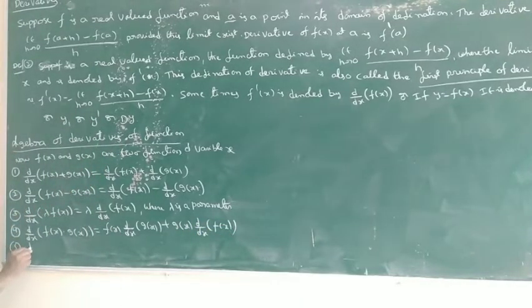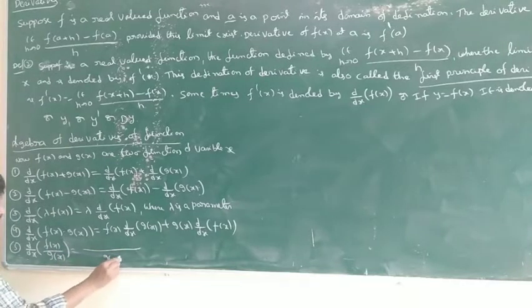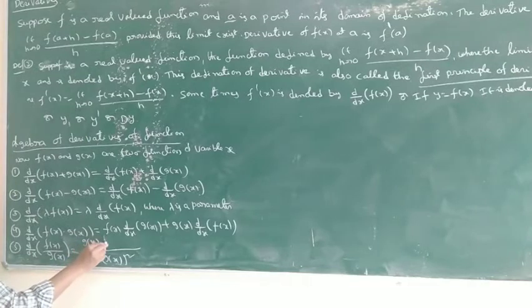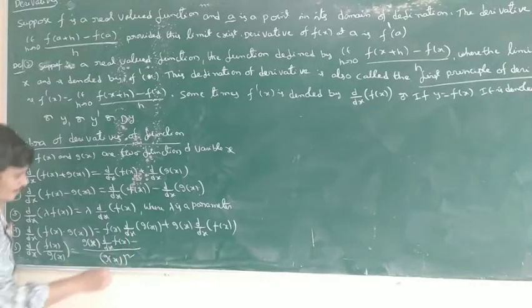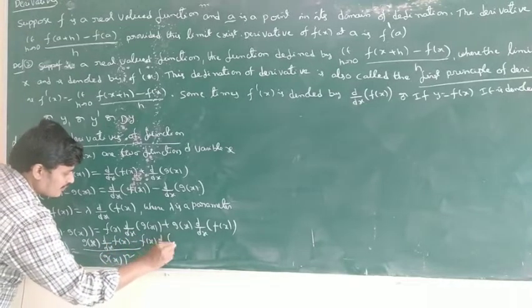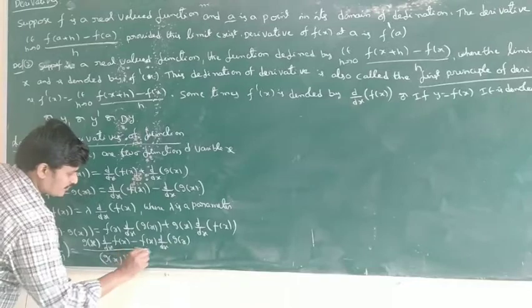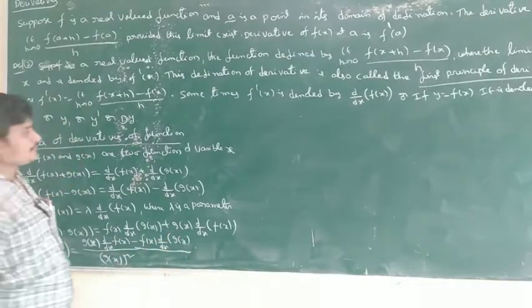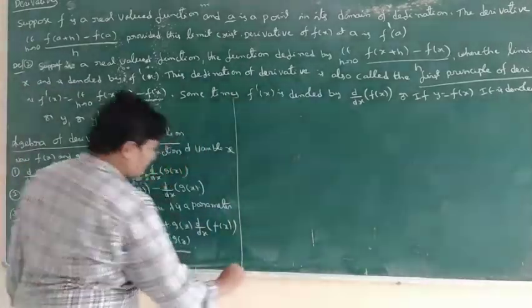Next, fifth one, d by dx of f of x by g of x is equal to g of x into d by dx of f of x minus f of x into d by dx of g of x, the whole divided by g of x whole square. Okay.